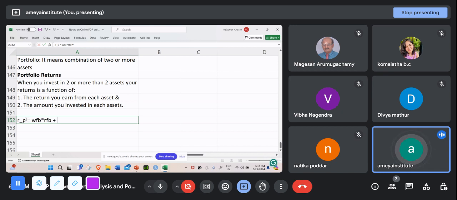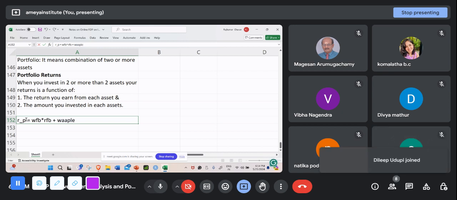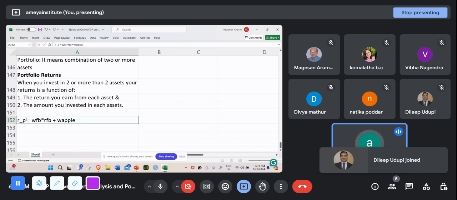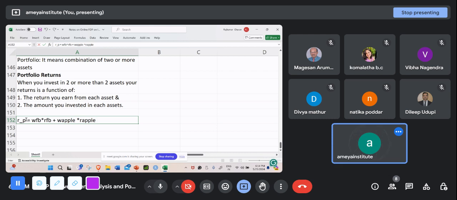So portfolio return is the weight of FB into the return of FB plus another asset. Let's say you have Apple shares, so we will say the weight of Apple into the return of Apple shares. Now we have two assets.